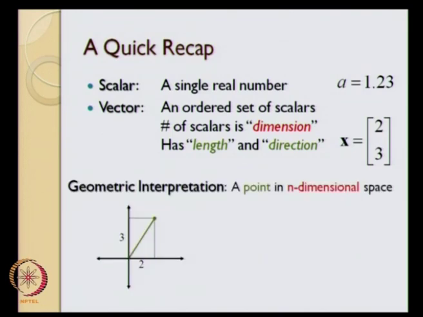Geometric interpretation of a vector is, you can consider a vector as either a point in an n dimensional space. So this particular point is going to be a vector that is 2 comma 3. That means that the dimension in the first direction is going to be 2, and the distance in the second direction is going to be equal to 3.